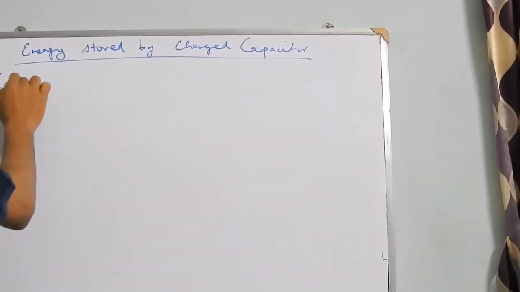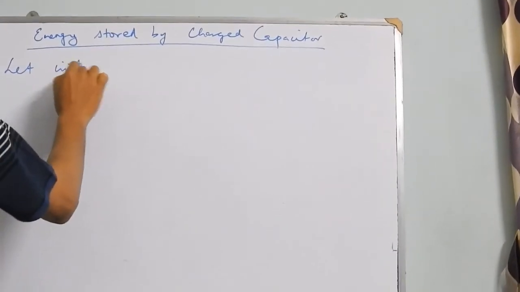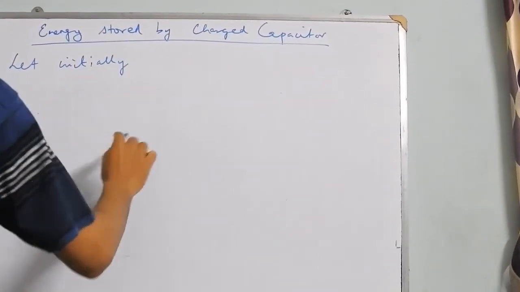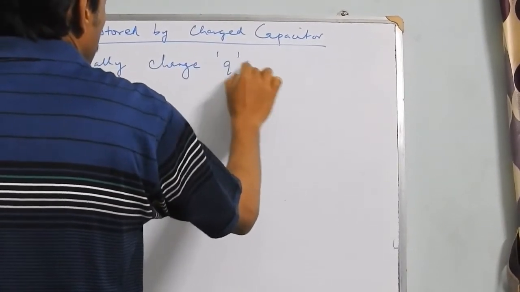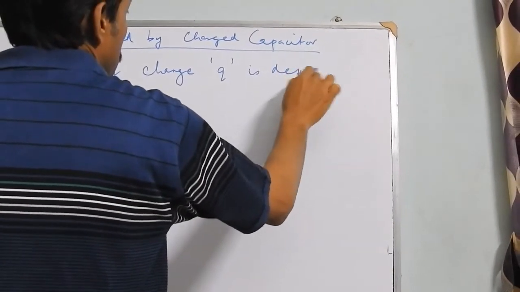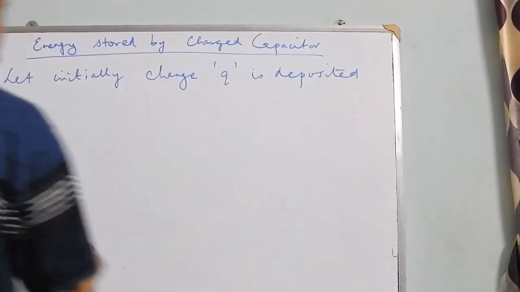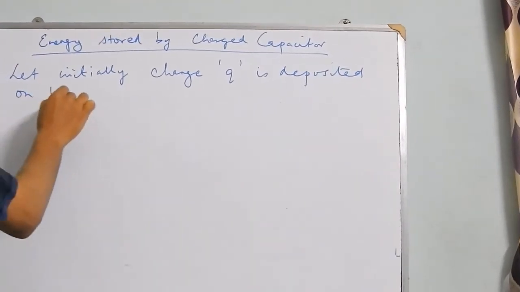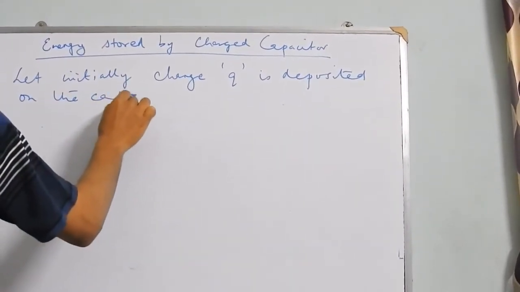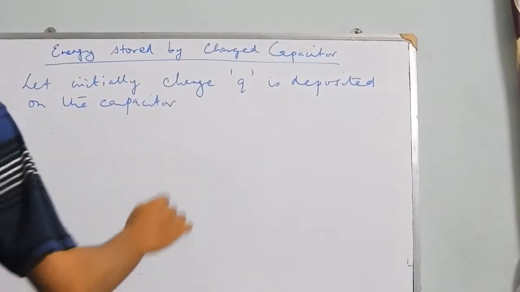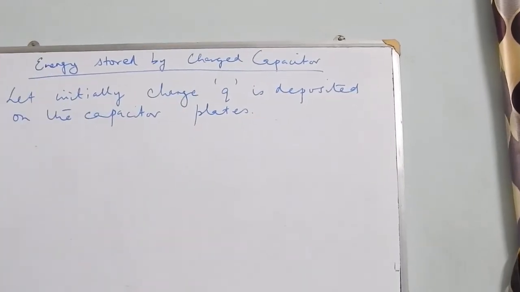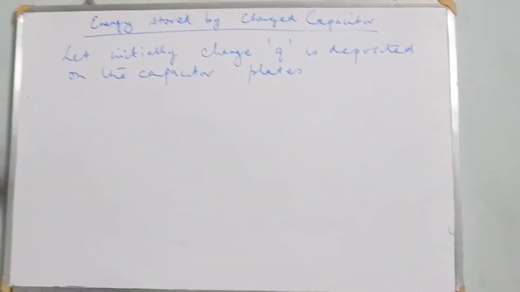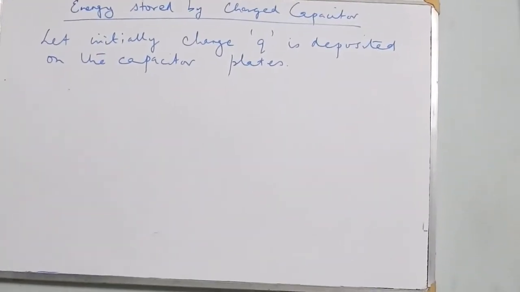Let initially charge Q be deposited on the capacitor plates, and so a potential difference will exist between the plates.